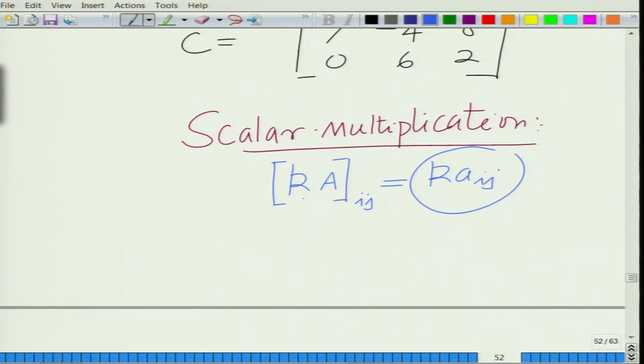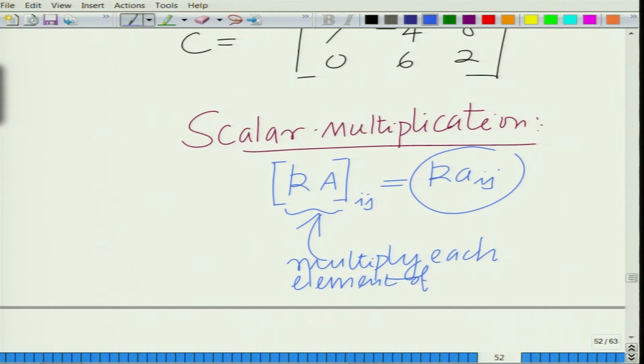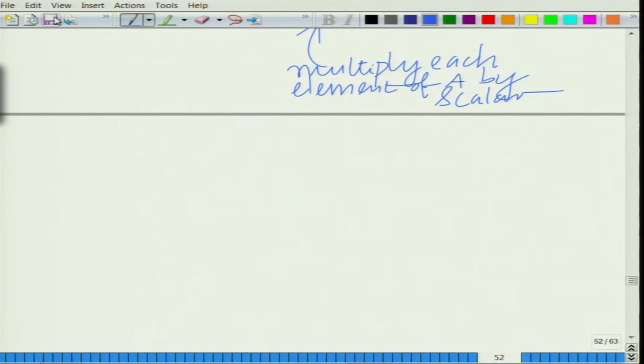So, what this is doing is multiply each element of A by the scalar.